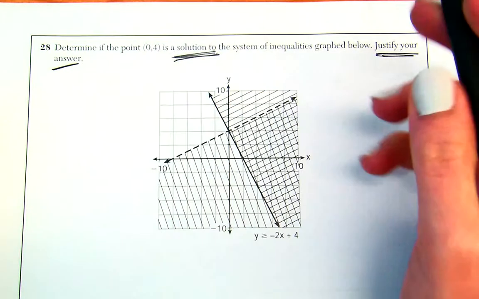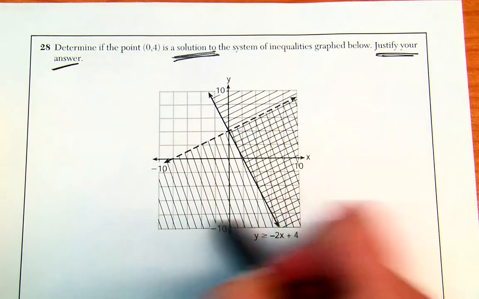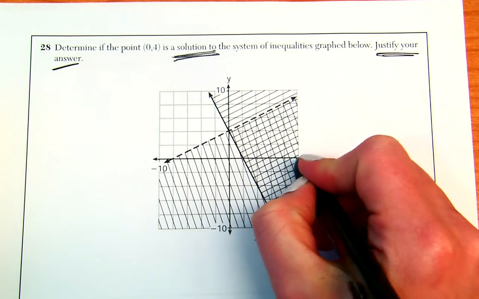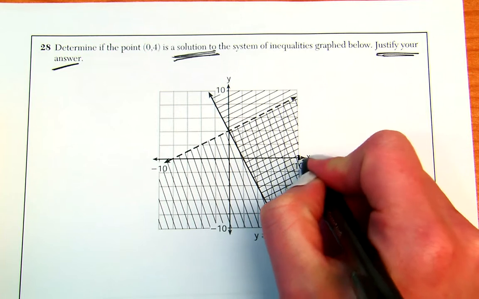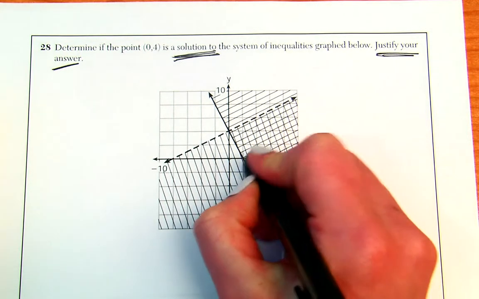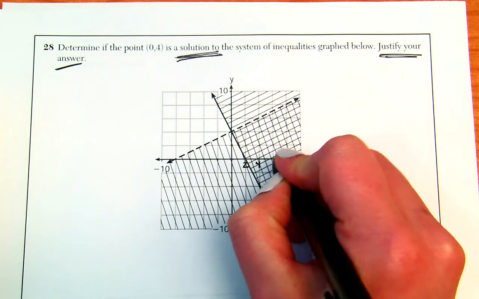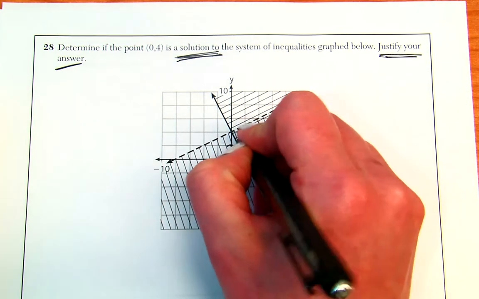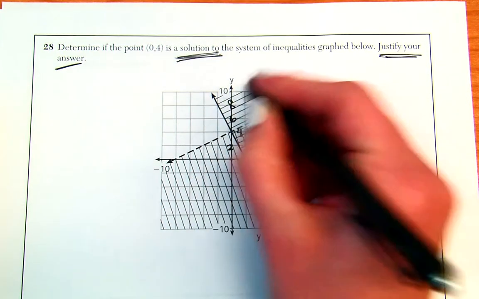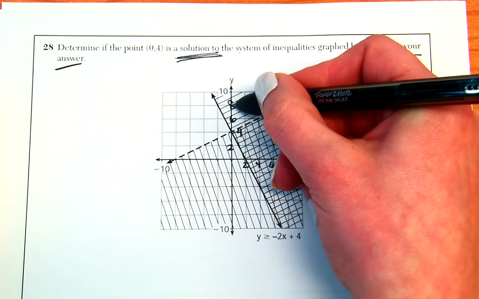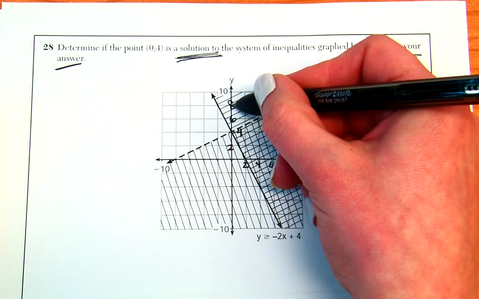So the point (0, 4), be very careful, because in this example, notice how they indicate this end point on the scale is 10. But I only have 5 lines to get there, which means you actually are on a scale by 2. So a lot of students made this mistake because they counted up 1, 2, 3, 4 and gave the correct answer that it's not a solution, but for the wrong reasons.